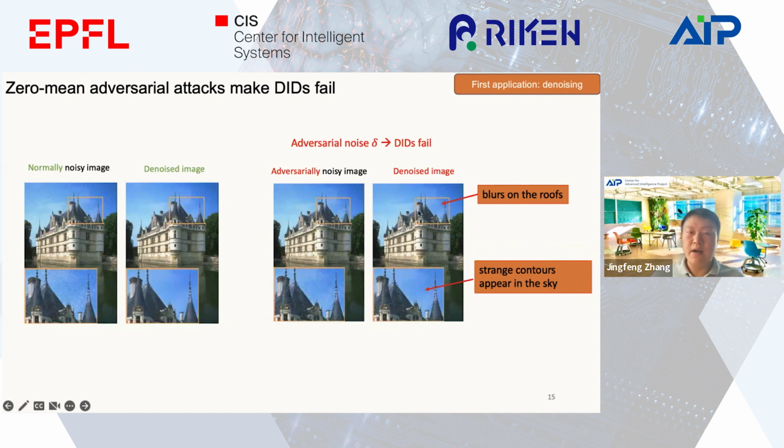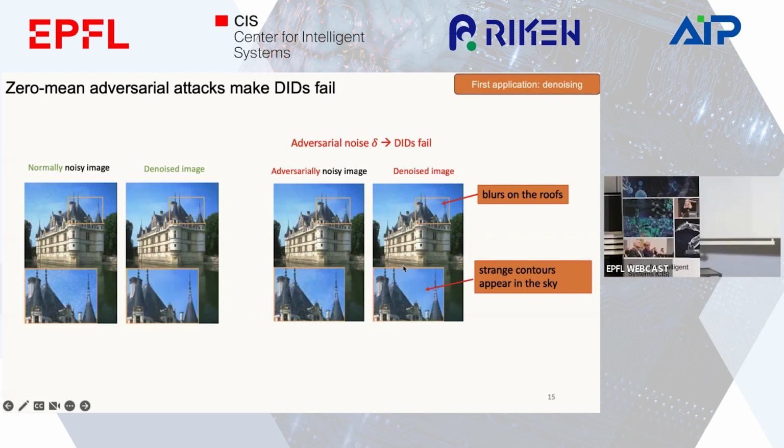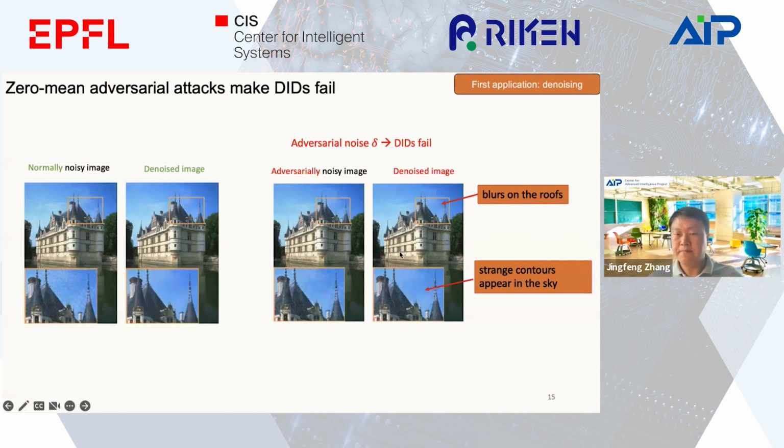We can see some blurs on the roofs and some strange contours in the sky. Therefore, our zero mean attack can indeed uncover the vulnerability of deep image denoisers.